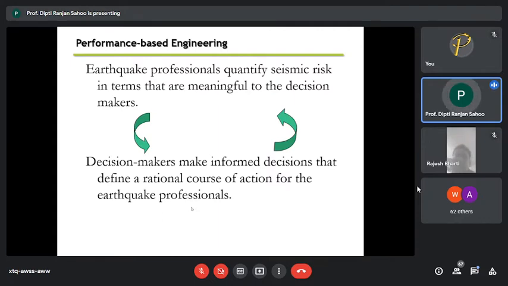Although it started from retrofitting or rehabilitation projects, performance-based design is now a meaningful tool for taking decisions.